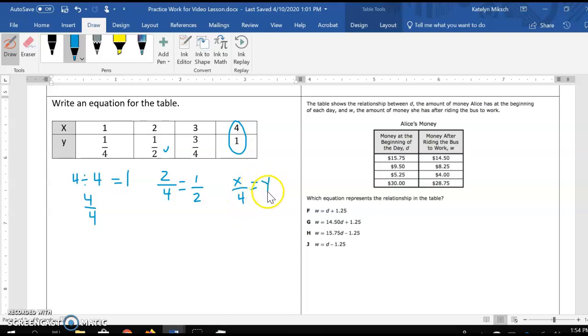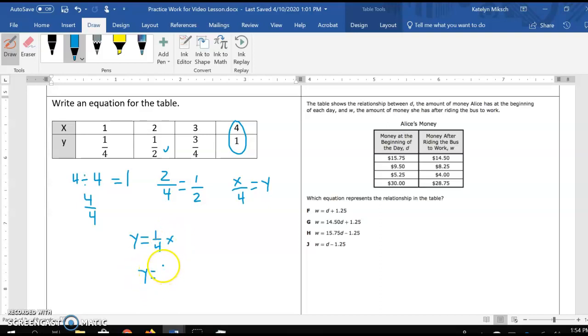Now this is a particular problem that we could write several different ways. So if you've done this on your own, you might write it different ways. So this would be acceptable. I actually wrote it backwards. It's supposed to be y equals kx. So you could write y equals 1/4 x. Multiplying by 1/4 is the same as dividing by 4.